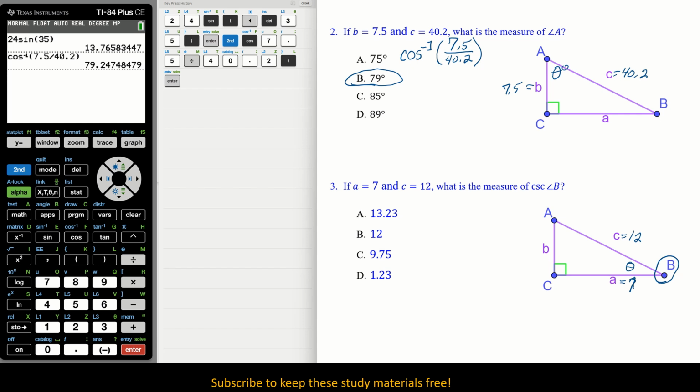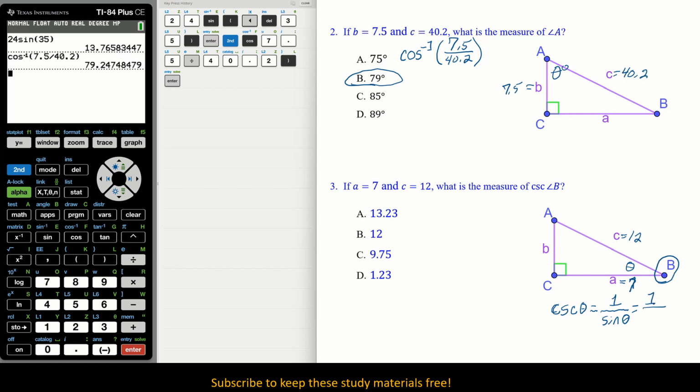Okay, so what do we need to do? Well, we know that the cosecant of theta will equal 1 over sine theta.